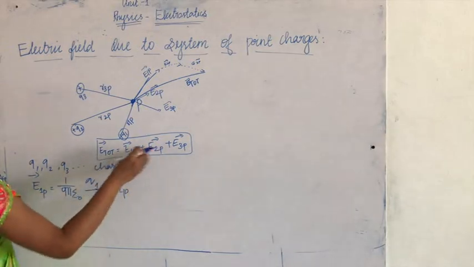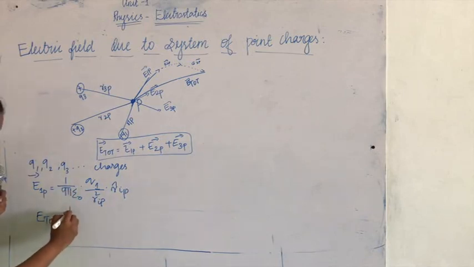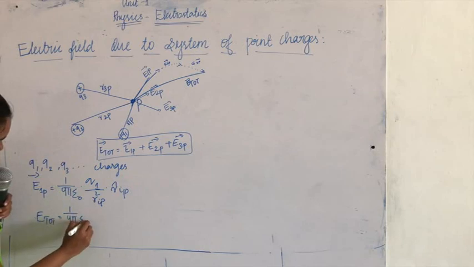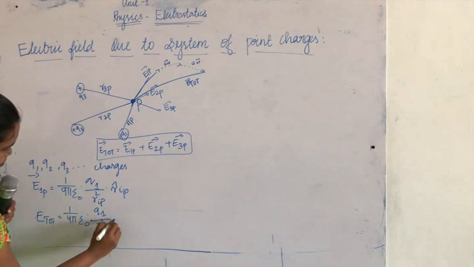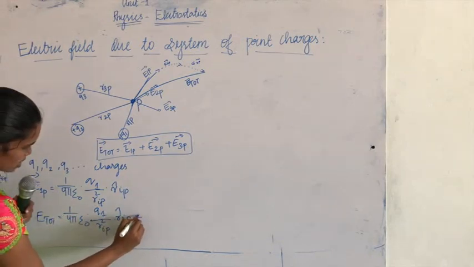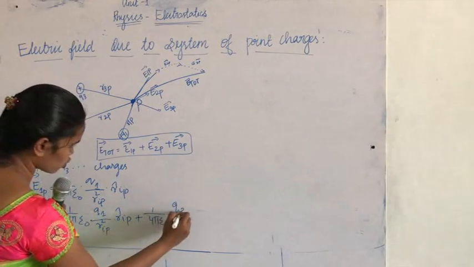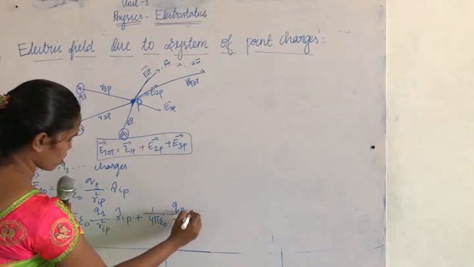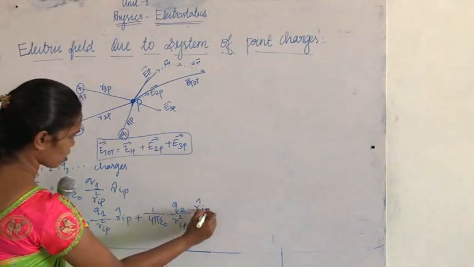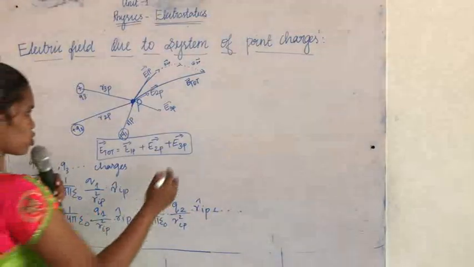Now for each and every one we are going to apply: E total equal to 1 by 4 pi epsilon 0 Q1 by R1P square into R cap 1P plus 1 by 4 pi epsilon 0 Q2 by R2P square into R cap 2P and so on.